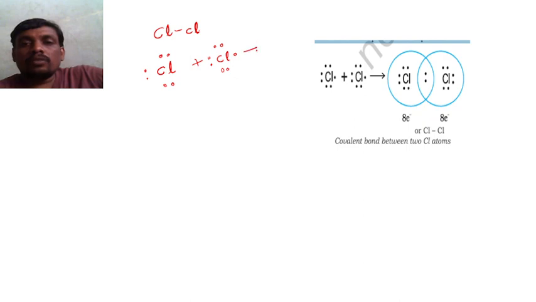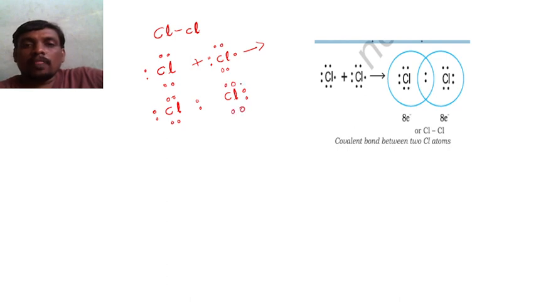Now if you carefully observe how chlorine atoms form a bond: this is one atom, and this is also one atom, and here I am marking the number of electrons.